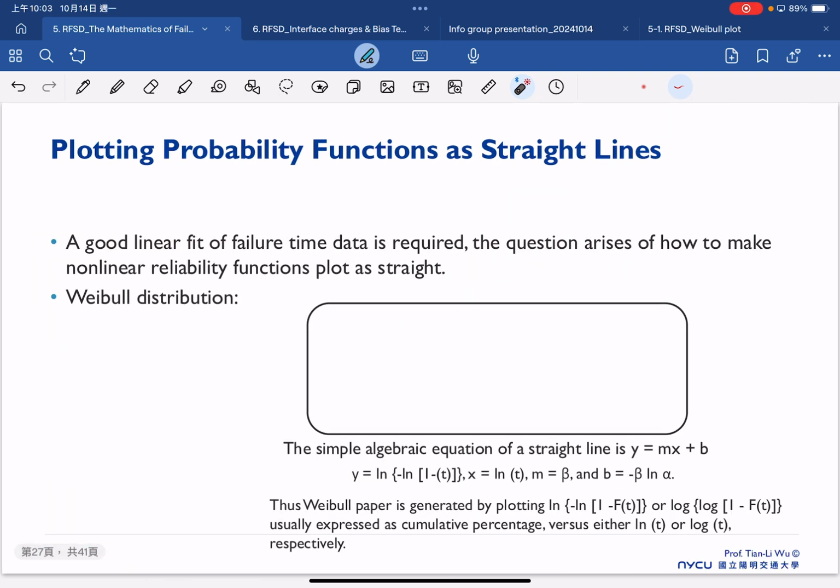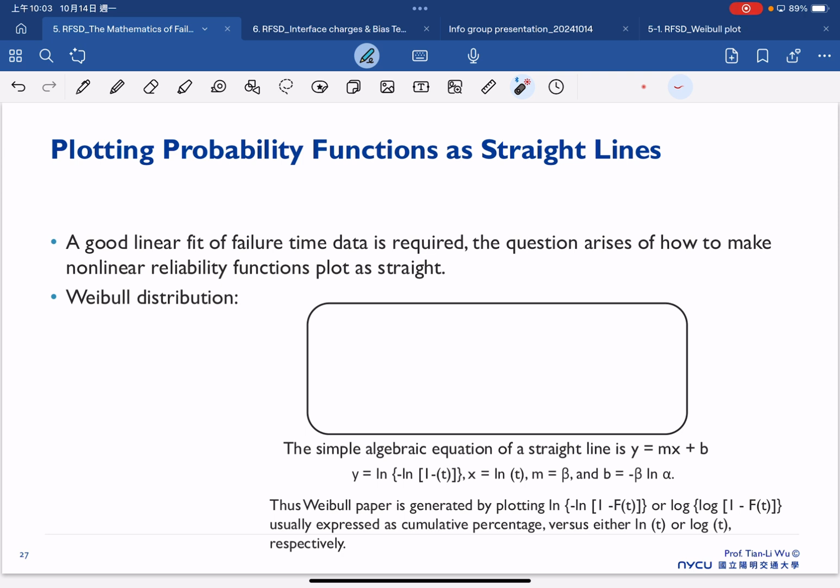Okay, so now we have to know how to do the calculation. Of course, in the previous lecture, we already showed you the general form, for the normal distribution or Weibull distribution, and you can see those functions are not that straightforward to use.